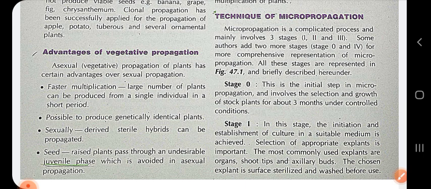In this stage, the plants from which we want to take explants and culture them in a suitable culture media, those mother plants are selected and grown in controlled culture conditions for 3 months. This is mainly done to prevent the plant from being affected by pathogens, so that we can obtain the explant from a plant which is free from pathogens.